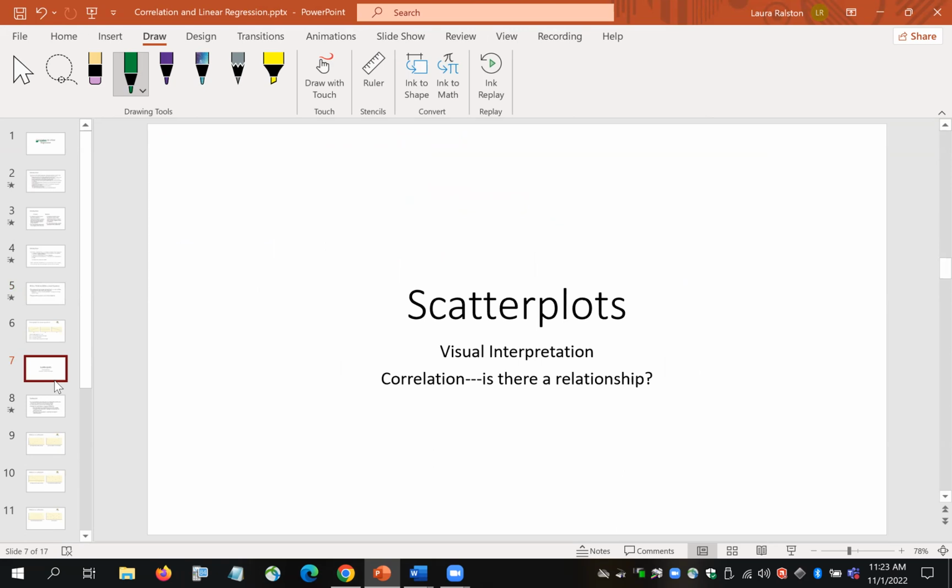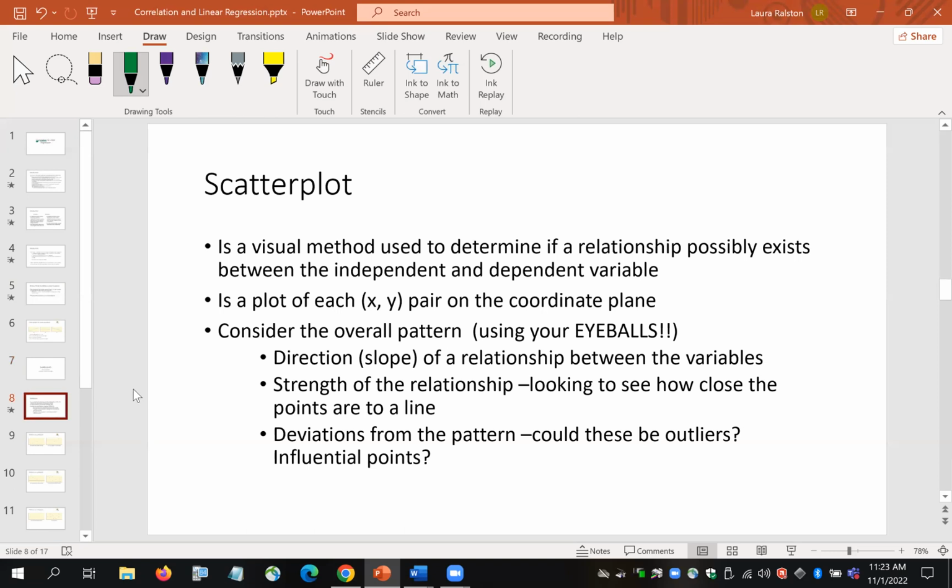So a scatter plot is a graph that we're going to create. It's a visual interpretation of, what do our eyeballs tell us? Do we see some sort of pattern within the data? So a scatter plot is a visual method used to determine if a relationship exists. We graph each individual pair of numbers.